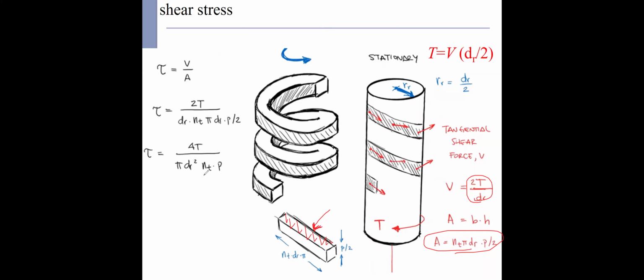So we can get the shear stress between these threads and the shaft.